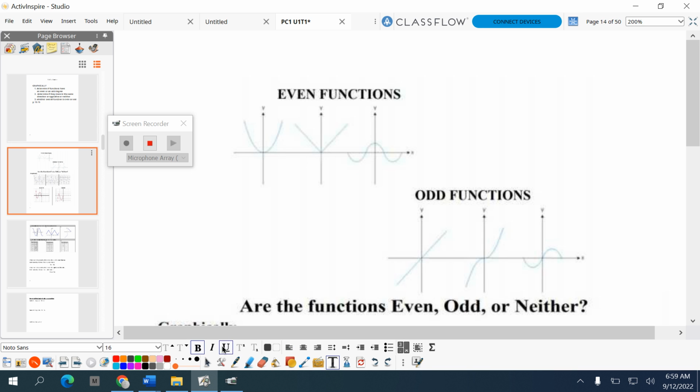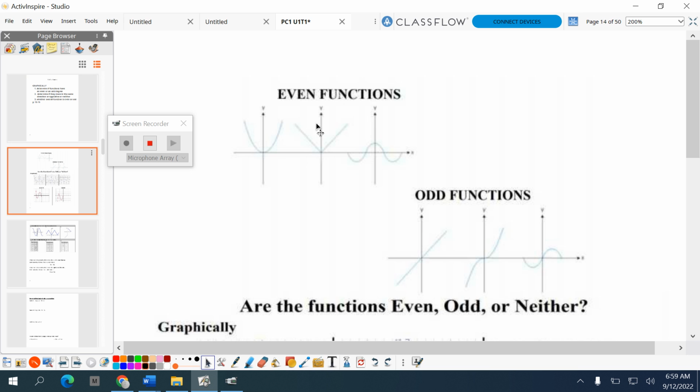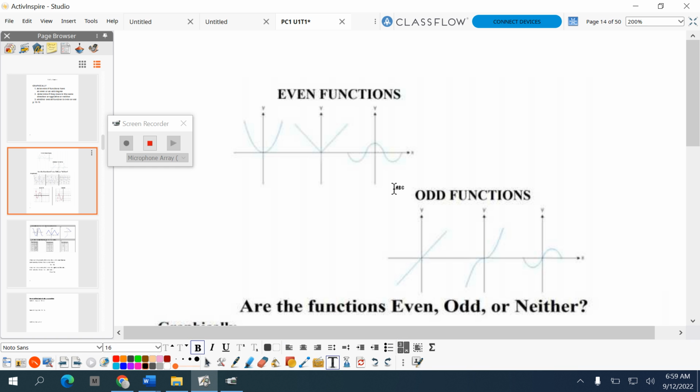Now if you note, these functions themselves are even. A couple things I wanted to highlight here was how they're even, like what are we doing to determine that? So the degree of the function is even.